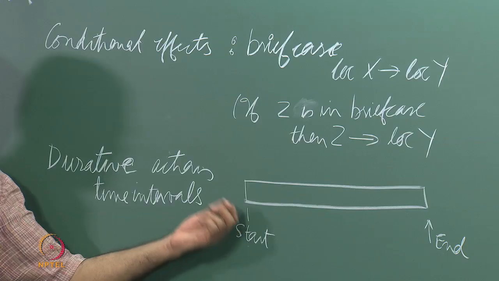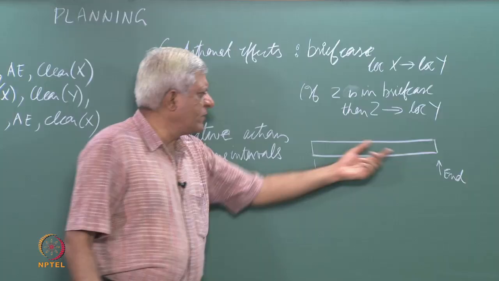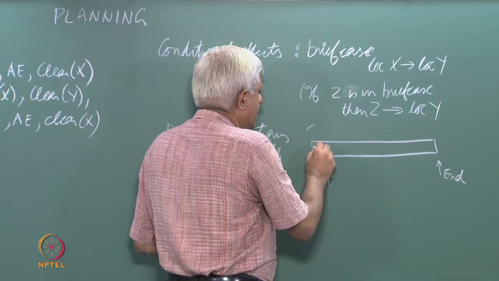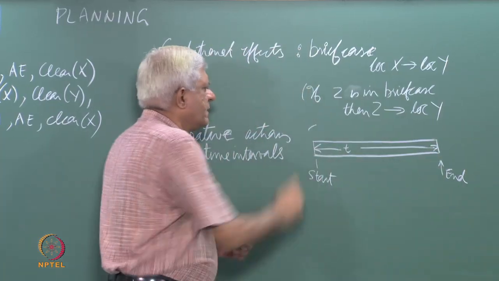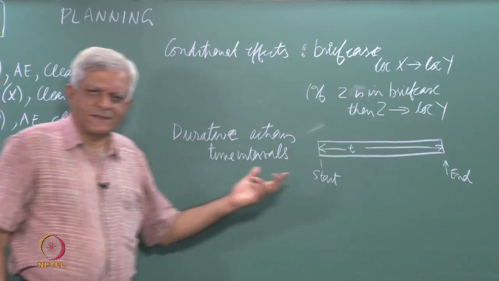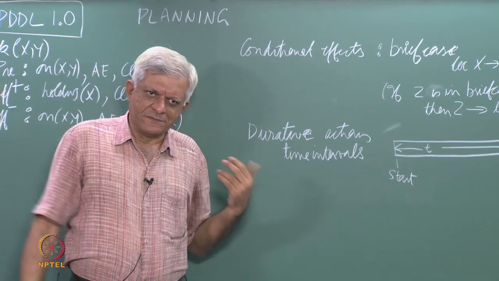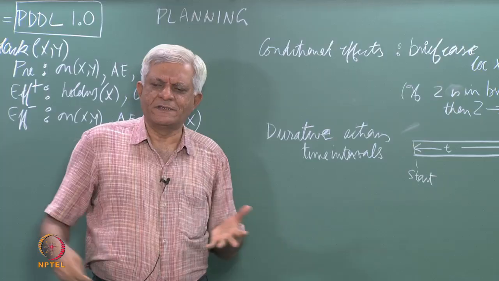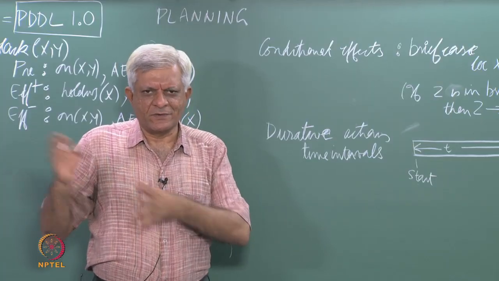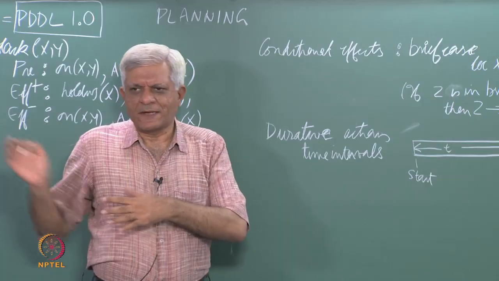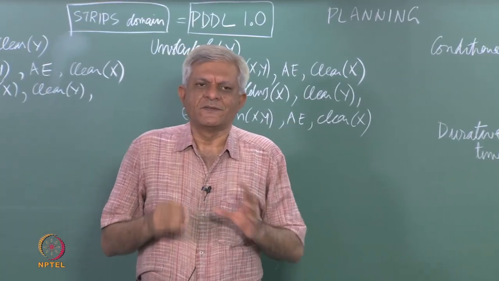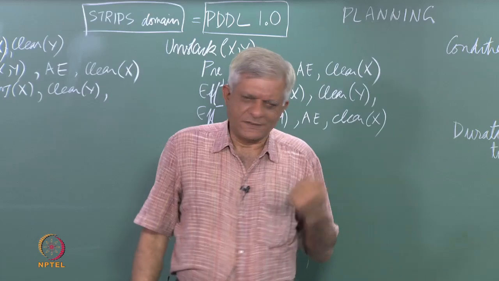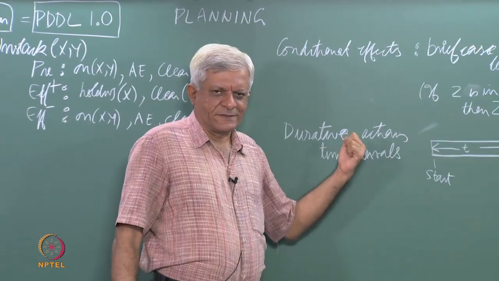The action starts at a certain time t and it has a certain duration, a certain amount of time t that the action takes. Now, this time t could be constant or it could be a variable. For example, a move action in the real world: you go from here to the hostel, it may take you 10 minutes; from here to the department, it may take you 5 minutes; from here to the gate, it may take you 15 minutes. So, the duration could be dynamic in that sense essentially.